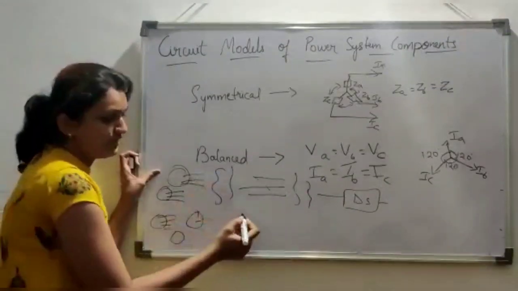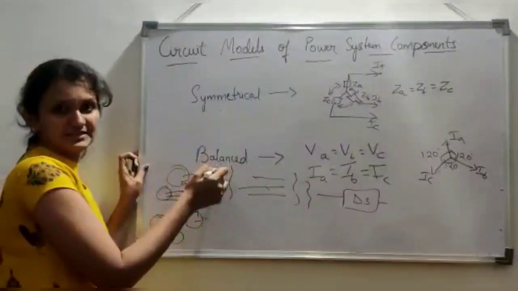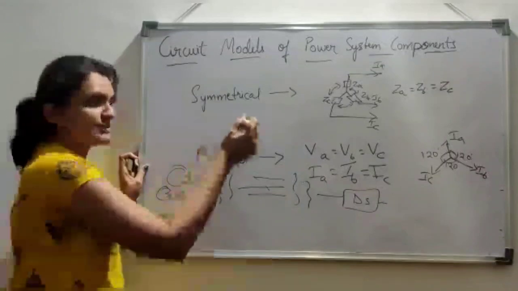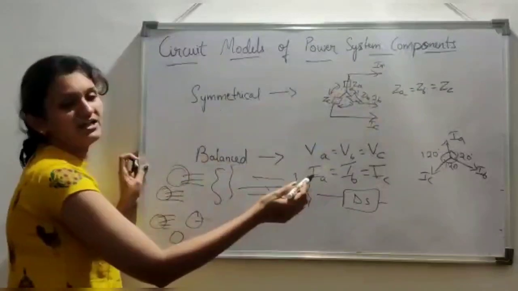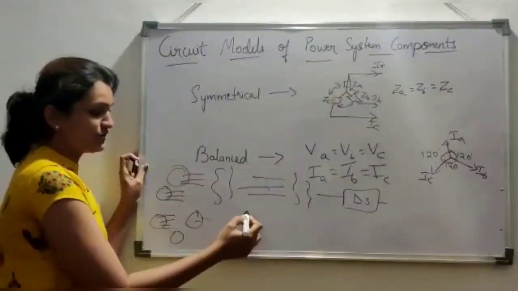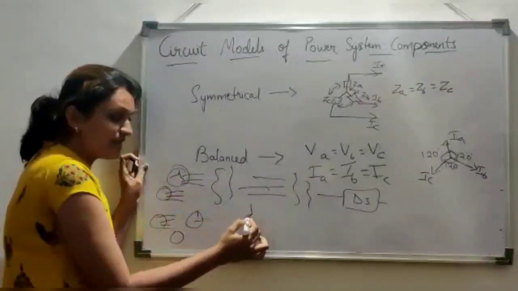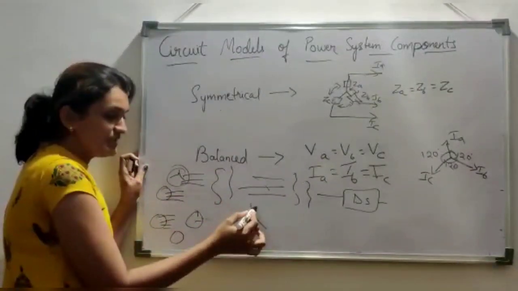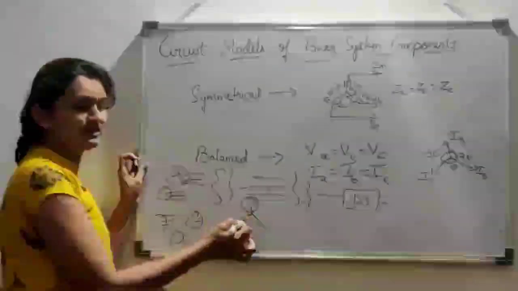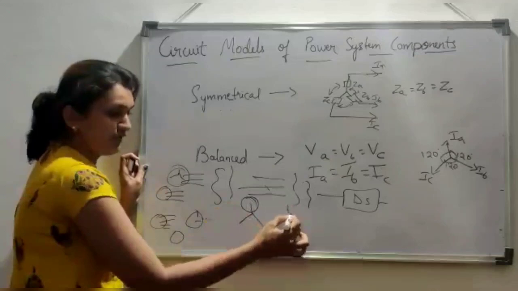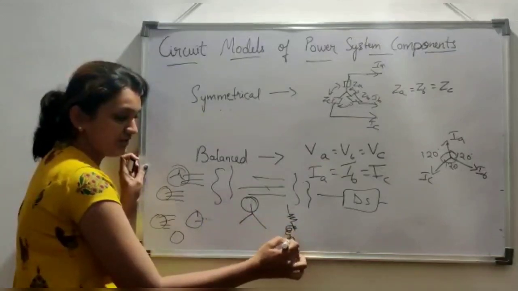A single phase equivalent diagram is applied only for a symmetrical balanced system, that is, if a system has the same impedances and same values of currents and voltages. For example, if I am considering this generator, the single phase equivalent is just taking only one of the phases of the generator, because all three phases are the same.